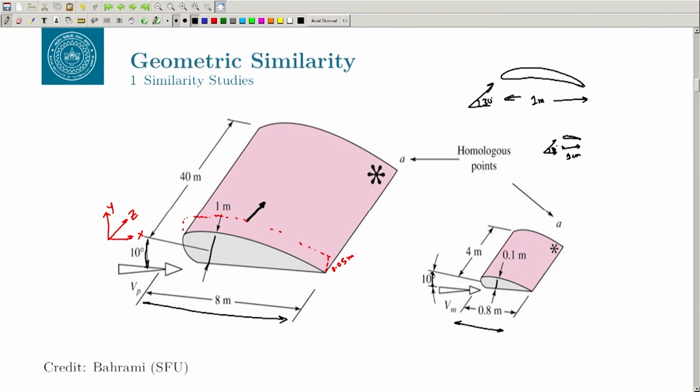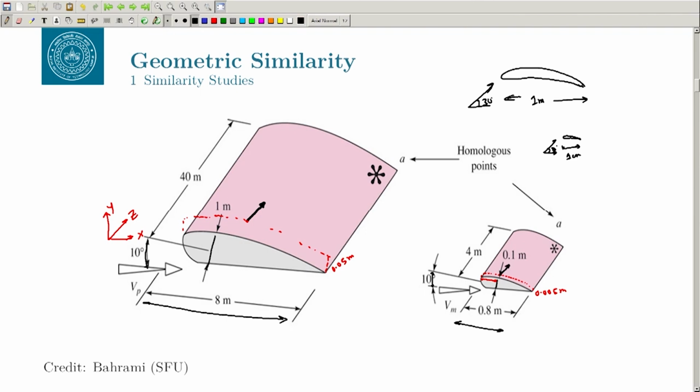If you are doing the same on the prototype, because it is scaled by 0.1, you have to go to the height which will be 0.0005, because it was 0.05 here. So, now it is 0.005 meter, because we have to compare the velocities at the corresponding points. So, whatever distance you have here, you have to take the 1/10 of the distance here in this direction, and then you can talk about the forces here.